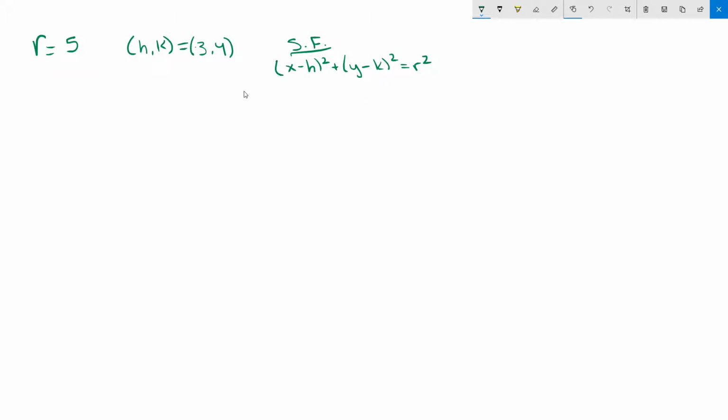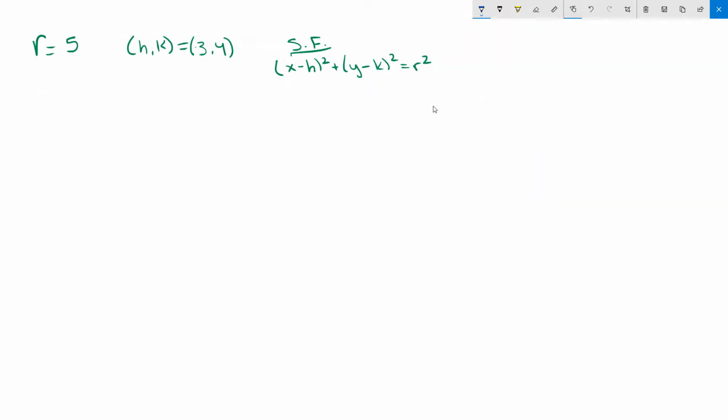If you want to write this circle equation in standard form, it's just a matter of plugging in your radius into your r right here and your h and k into your h and k. So let's write that in.